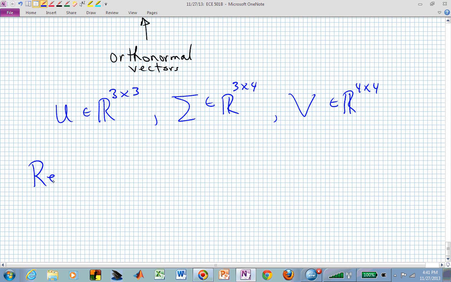Now, how do we find the singular values based on what we've done so far in this class? We would take T dagger T, find its eigenvalues, and take the positive square roots of those.